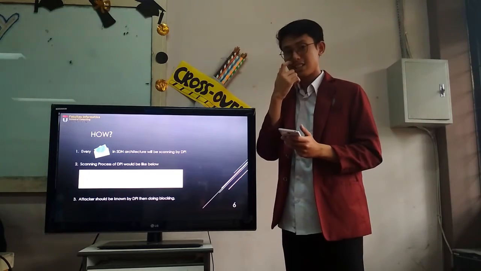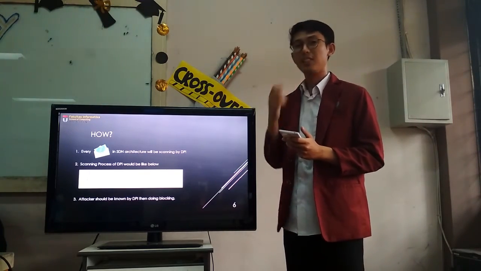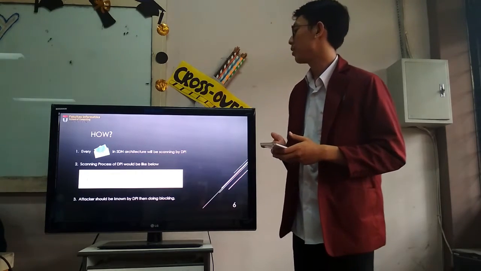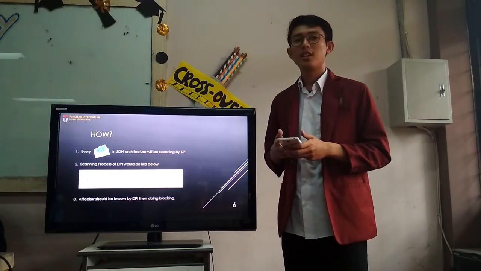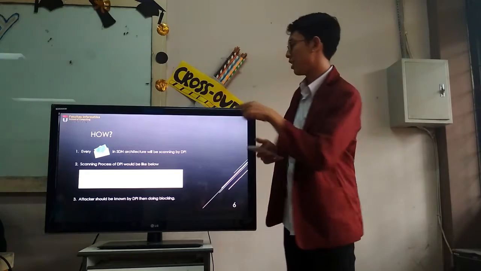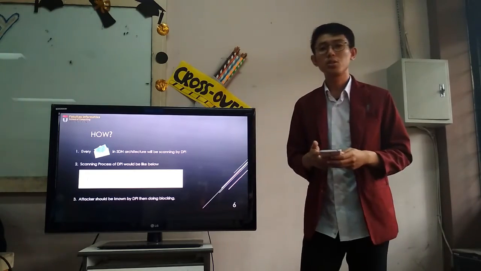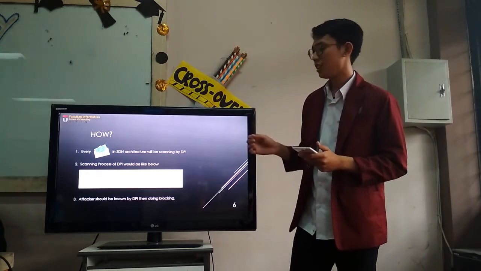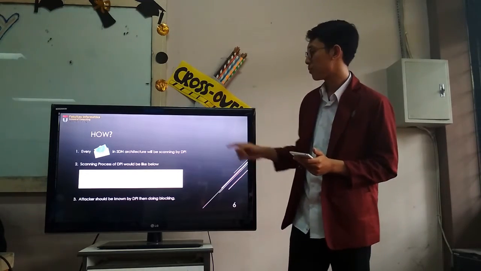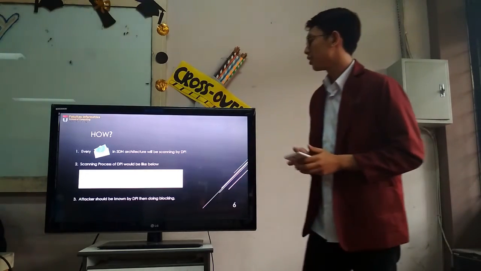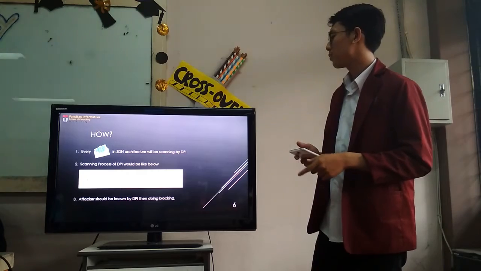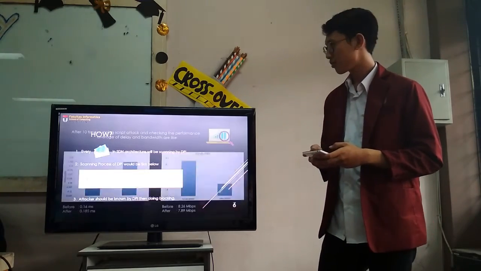The pattern matching is very common for DPI, because when DPI scans the messages, DPI will decide whether the message is dangerous or not from the pattern matching. Okay, the third is that attackers will be known by DPI when doing blocking.